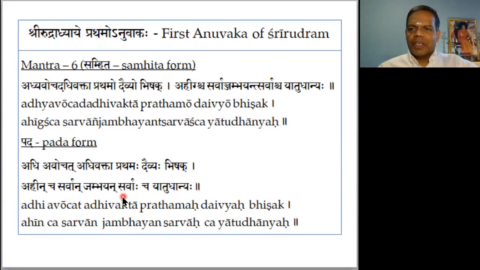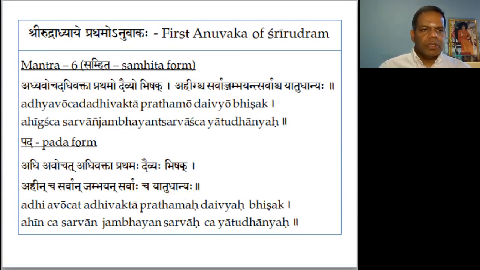So it's a bit complicated in terms of sandhi, but these are very common only in the Vedic scripts, Vedic language. Okay, 'jambhayan', 'sarva'. So there's an additional 'n' which has come in because of sandhi. 'Cha'. So this 'sarva cha', again because of sandhi, the visarga becomes 'sh'. So 'sarvascha'. Okay. 'Yatudhanya'. So this is the word split of the mantra. As you can see, it's a very heavy mantra with lots of aspirated sounds.